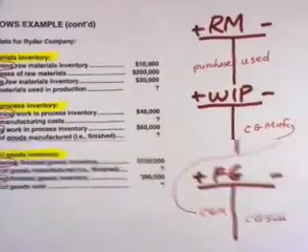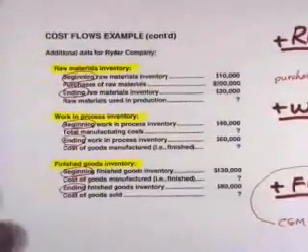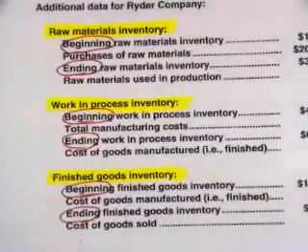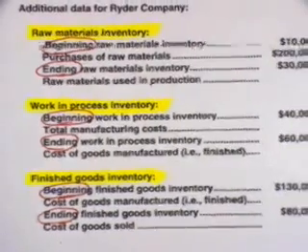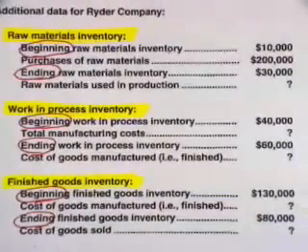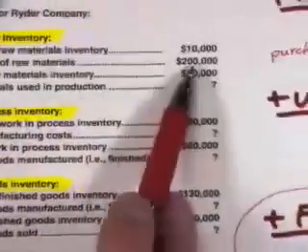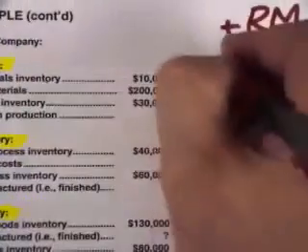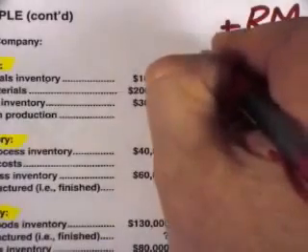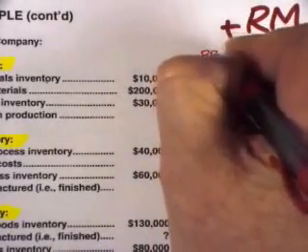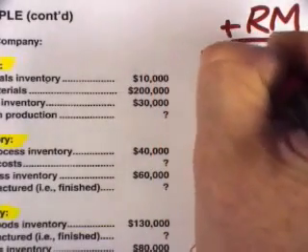Every inventory account by definition has a beginning and ending balance. That means at the beginning of a period, we're going to start with $10,000 of beginning inventory in raw materials. So here's our beginning balance of $10,000 in raw material.